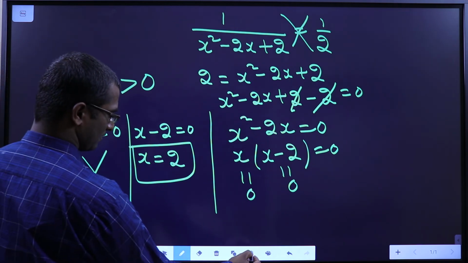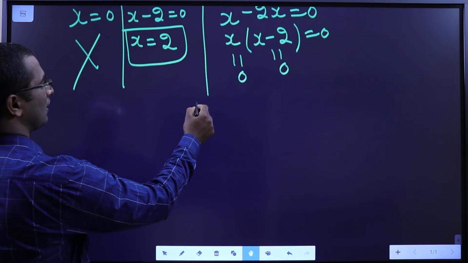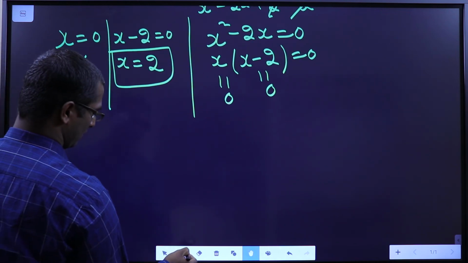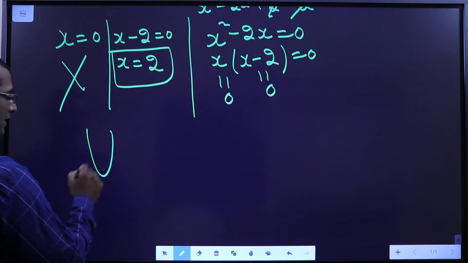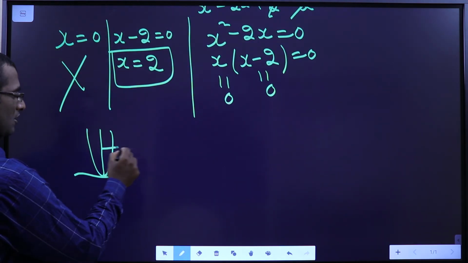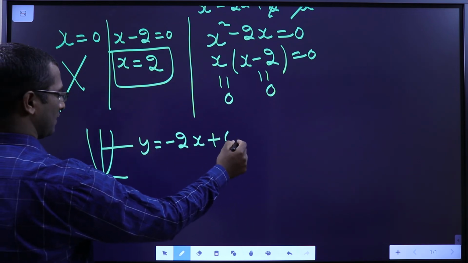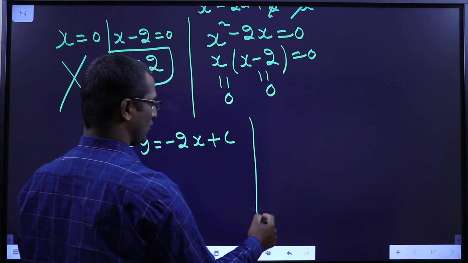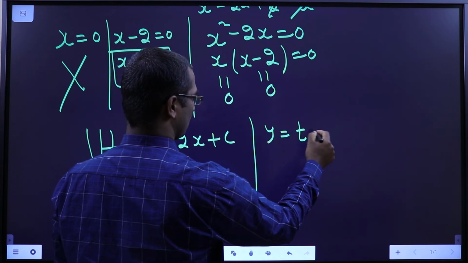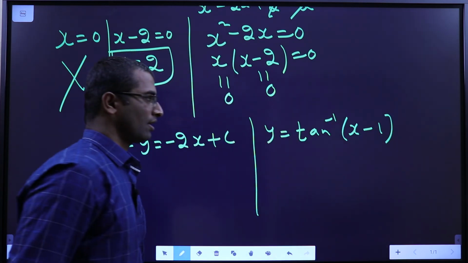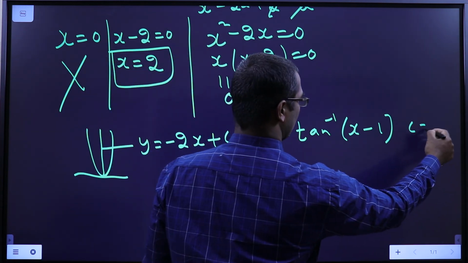Okay. And furthermore, the normal equation which was given was minus 2x plus c, and the curve equation was tan inverse x minus 1, and they are asking us c equal to how much?